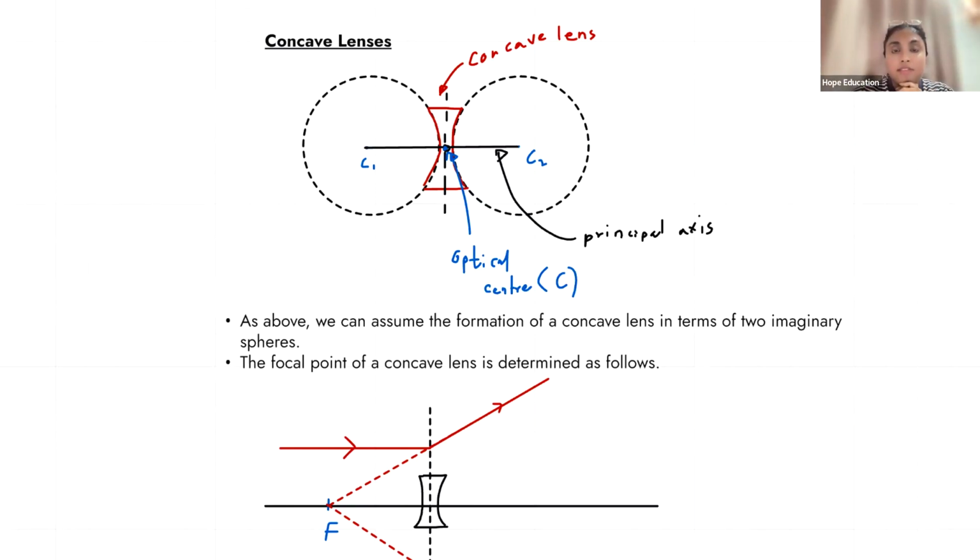Children, I'll give you like 2 more minutes. Quickly finish. Huh? You need to draw a diagram below this, how to determine the focal point.